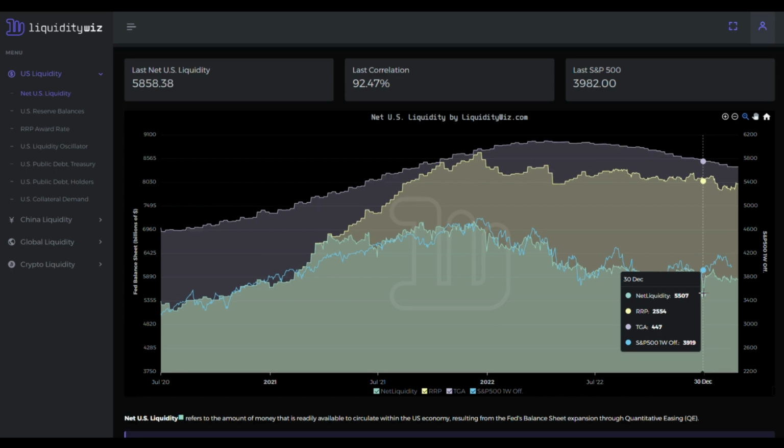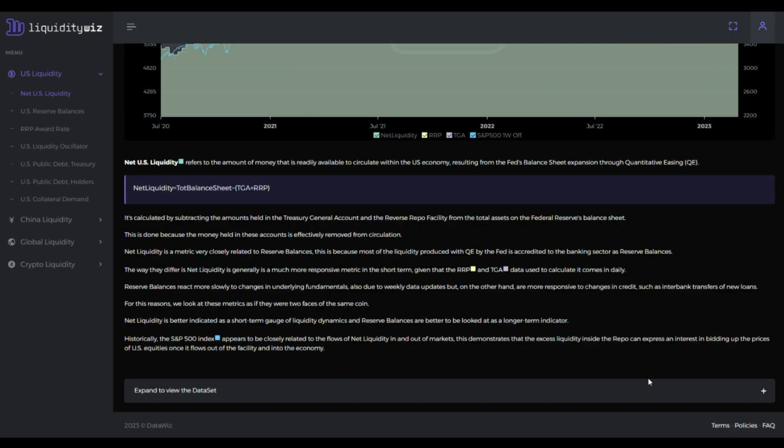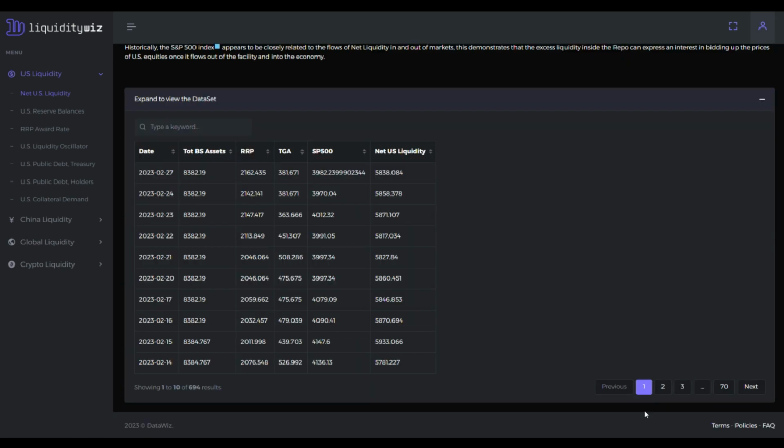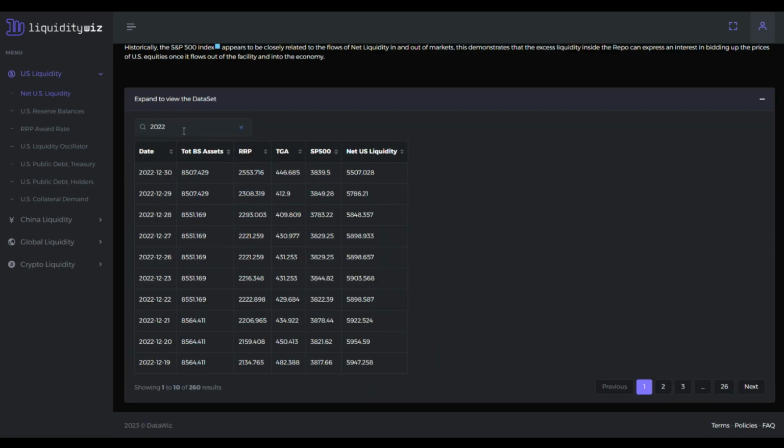Also, in this chart's data frame, we can further decompose the data into its constituents. Notice how almost $250 billion get into the repo.